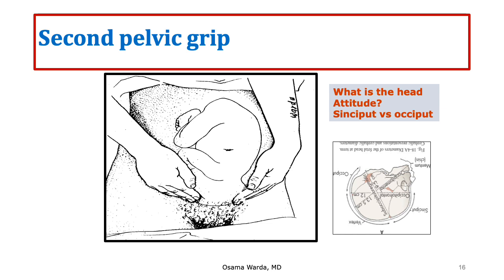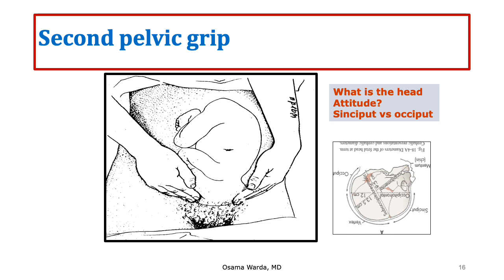The bony prominence toward the patient's face is the sinciput. When you palpate, stop and mark with a pen this bony prominence and that bony prominence, and evaluate which one is nearer to the pelvic inlet.